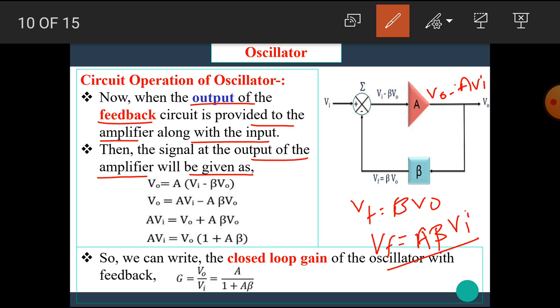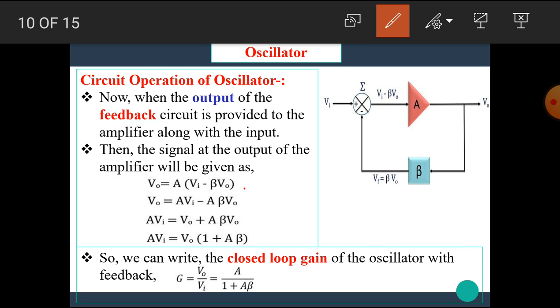This voltage is given as input to the amplifier. Then the amplifier amplifies this input and gives the output V0 equal to A Vi minus beta V0. I hope you all understand this calculation. Now separate the bracket, we get V0 is equal to A Vi minus A beta V0. Now rearrange the terms, we get A Vi is equal to V0 plus A beta V0, and so A Vi equal to V0 into 1 plus A beta.